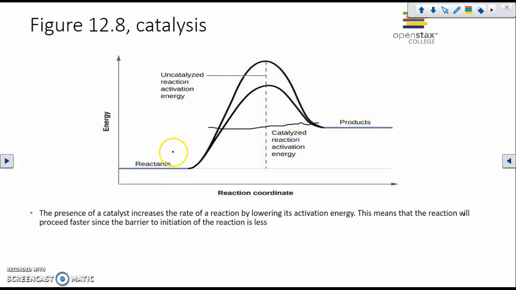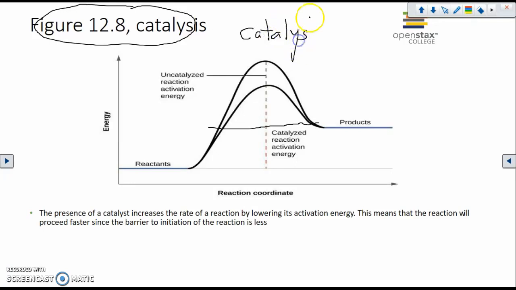However, if we lower the activation energy, this reaction is going to proceed faster. And this comes from the term catalysis, which comes from catalysts. What are catalysts? Catalysts, folks, are things that speed up chemical reactions.